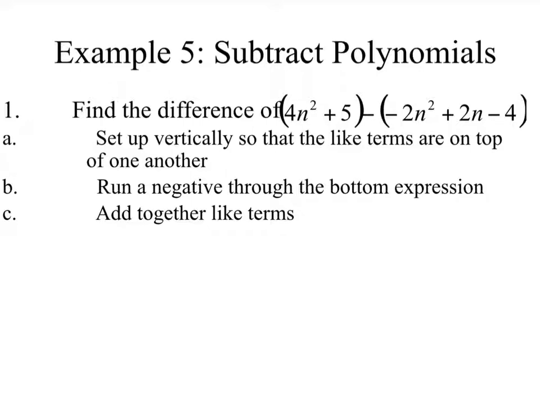So with subtraction, just like always, we're going to change all of our subtraction to plus the opposite. And you'll notice when we do that, and we learned by distributing, that that's actually going to go to a plus negative 1 there. Which means everything in the second parenthesis must be multiplied through by a negative 1. So we're going to have the 4n squared plus 5. I separated because I know I'm going to have a little bit of a gap there.